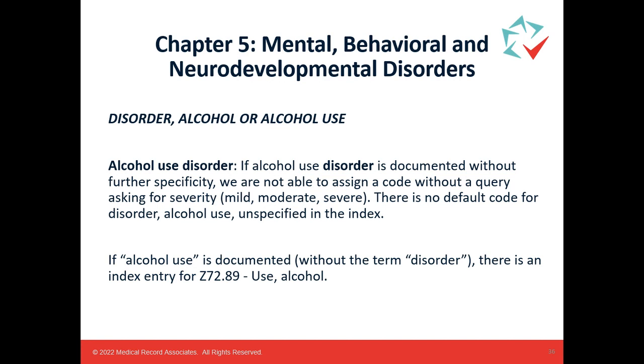So make sure that you understand also that this index entry does not fall into the F codes that are listed in the use guideline. So again, it's paying attention to the documentation and the words. Alcohol use disorder is not indexable without a severity. So if they just say alcohol use, then you can use that Z72.89 code according to the index. It's not going to fall under the guideline for the F codes for alcohol use because there is an entry in the index for alcohol use.